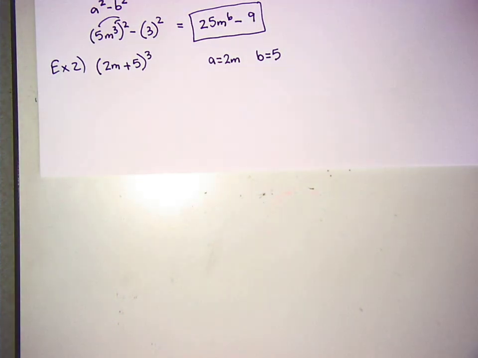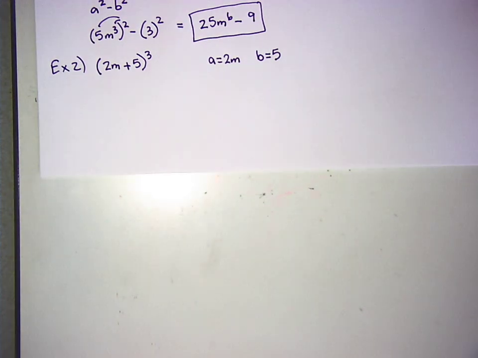Okay, try it with your partner right now. Remember, when you're doing powers, you're not just affecting the M, it also affects that 2. If it makes it simple, you don't need parentheses.